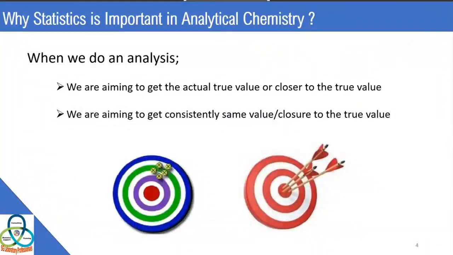When we do an analysis, we are aiming to get the actual true value or closer to the true value. Similarly, we are also aiming to consistently get the same value. If you look at the two figures in this slide, in the bottom left, the person is able to throw the arrow consistently to the same spot, but this is far away from the actual target spot.